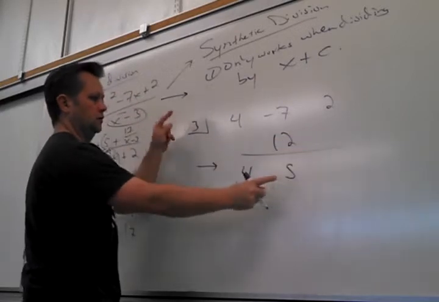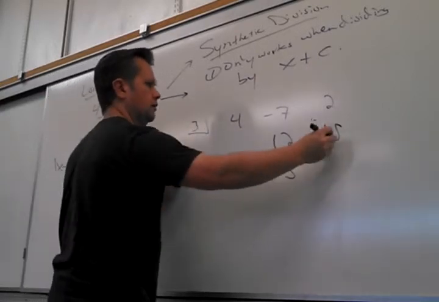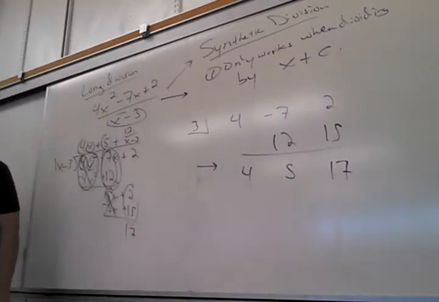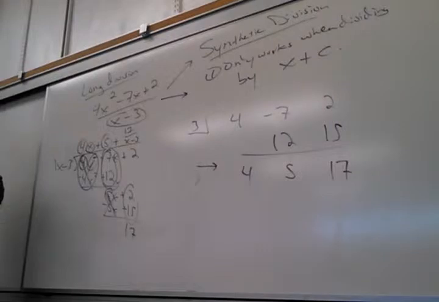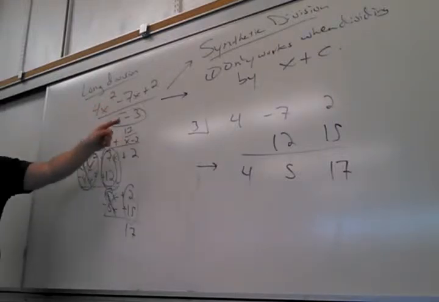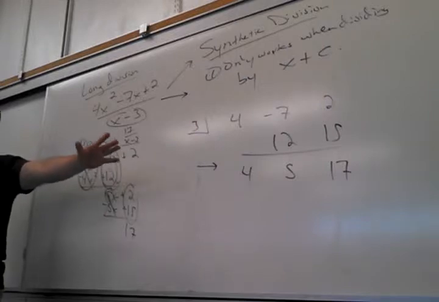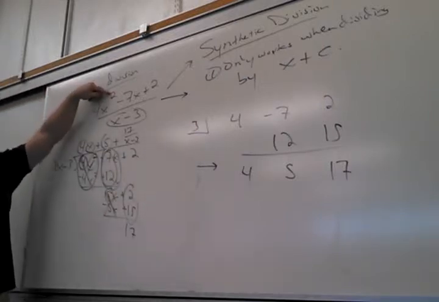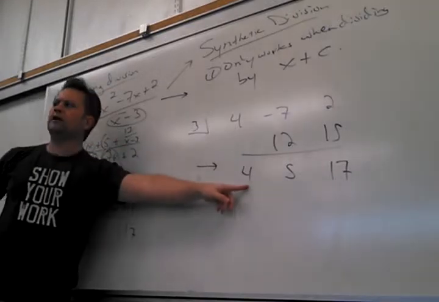Then how do I get that? Multiply. Add. That's the remainder term. Right? So since we stripped away the variables, you have to be careful when you bring them back in. They started off as an x squared. I divided by something like x. So my answer has to start with what power? X to the first. So if this was cubed, this would have been the coefficient of the x squared term.